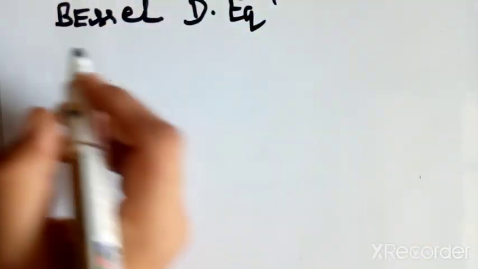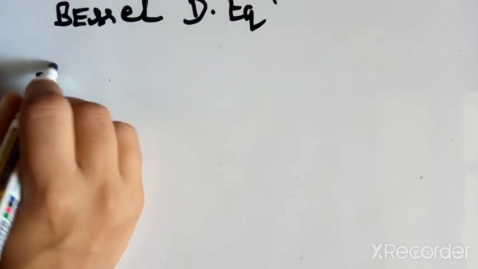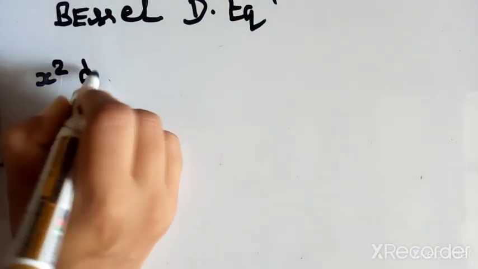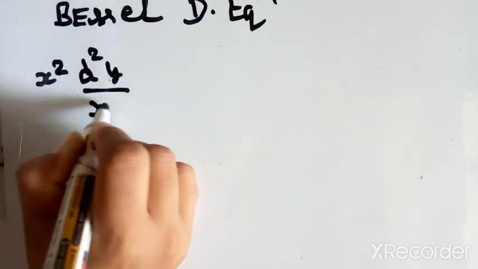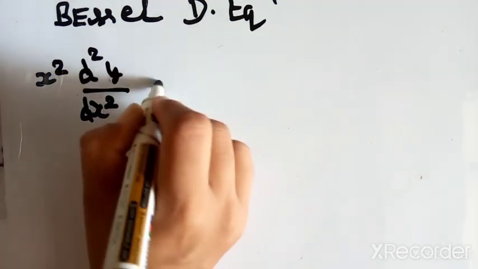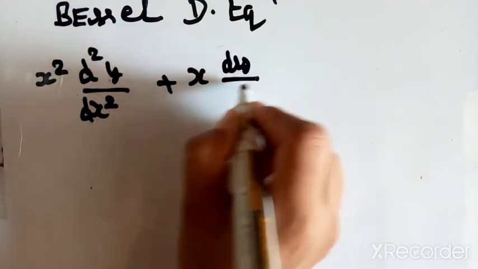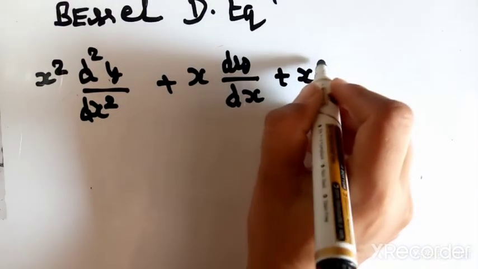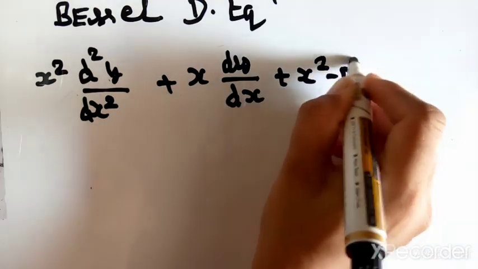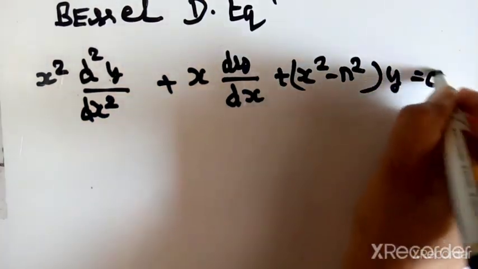The standard form of Bessel differential equation is x square d square y by dx square plus x dy over dx plus (x square minus n square) into y equal to 0.